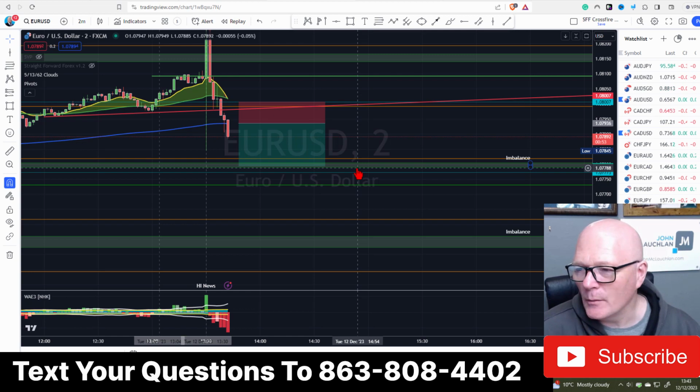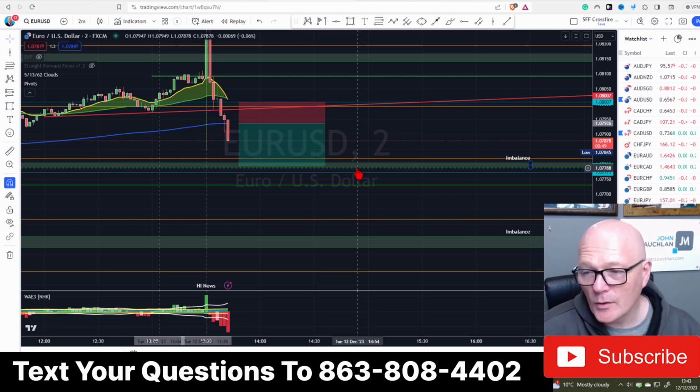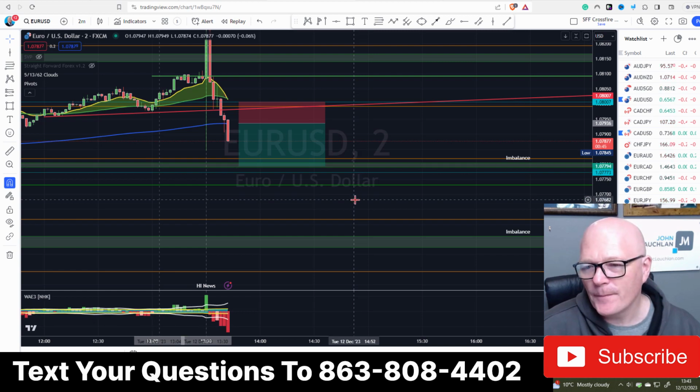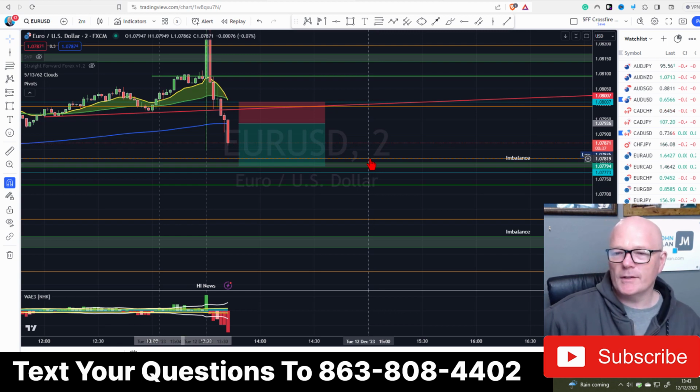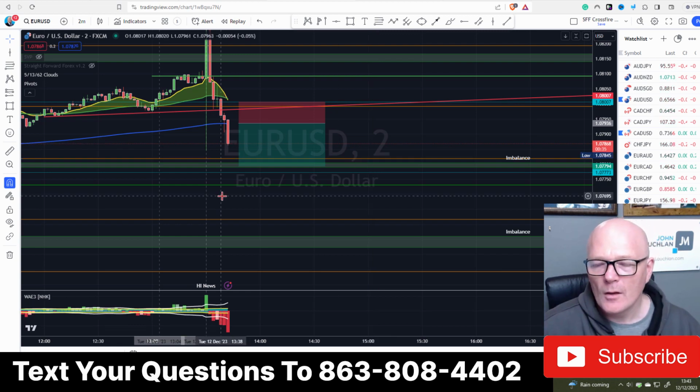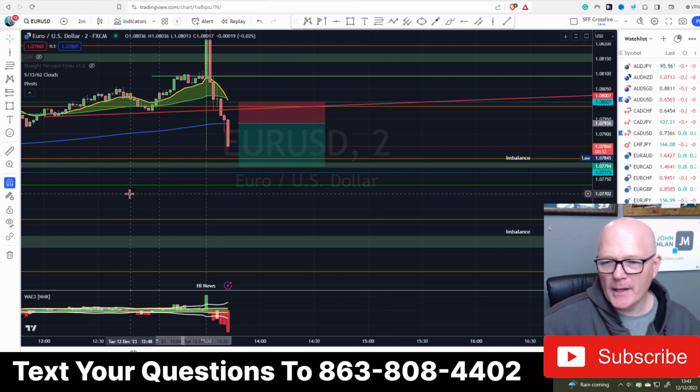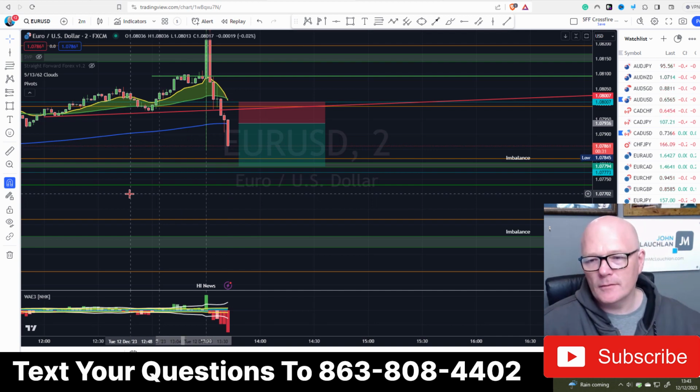Let me put some T's in that one. So the bottom of the imbalance, right? So could that possibly be where price wants to go to? Possibly. Okay, it's not a bad place. You've got this area of the pivot here, which is going to act as resistance. But the way price is going, you can see how it's making a more determined effort to go.